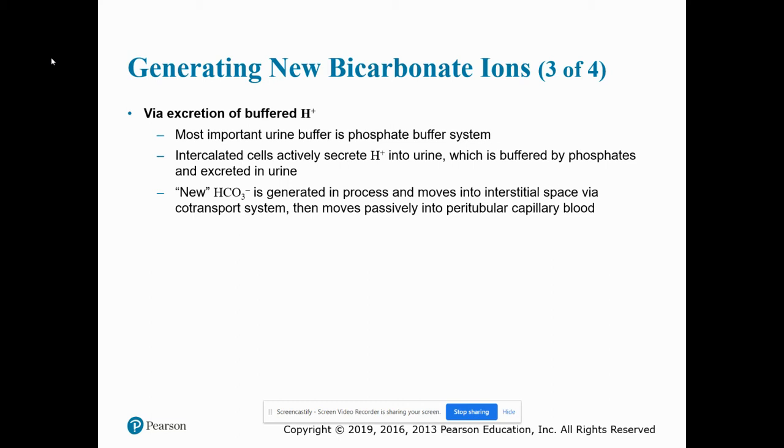As you may remember, the most important urine buffer is the phosphate buffer system. Intercalated cells actively secrete hydrogen ions into the urine, which is buffered by phosphates and excreted into urine. And then new bicarbonate is generated in the process and moves into the interstitial space via cotransport, and then it moves passively into the peritubular capillary blood.